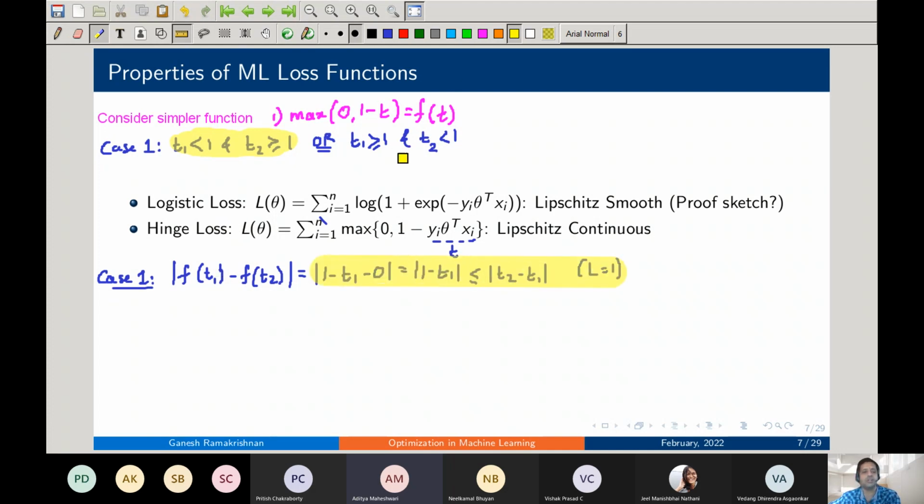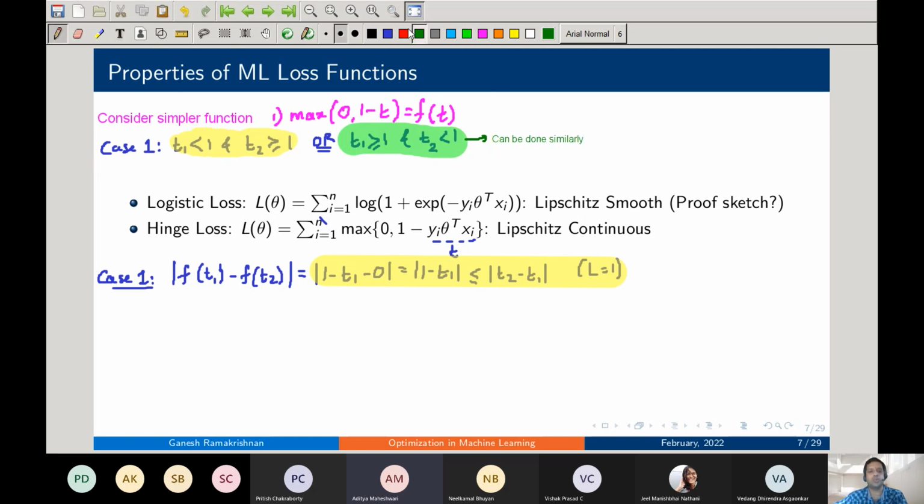You can likewise do the second part, right? So I'll leave it to you to do the second part. Okay, so this is case 1.